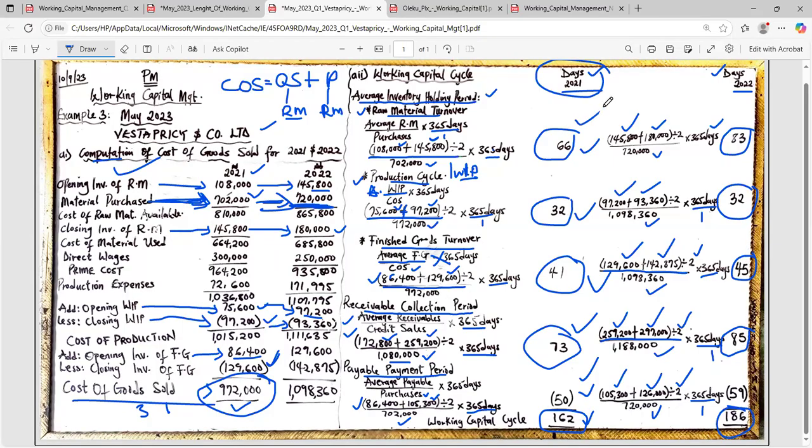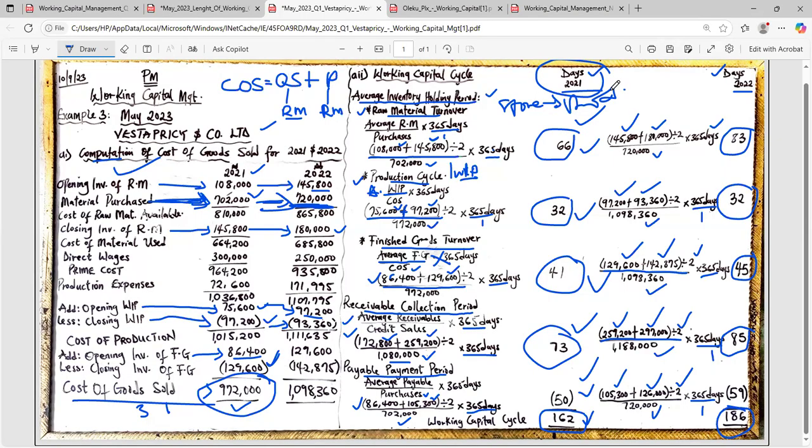Now, this 66 here simply means that it takes us 66 days for us to get raw material from our store down to production. The raw material will be transferred from store to production. It therefore means that the raw material spends 66 days in the store before it gets to production.